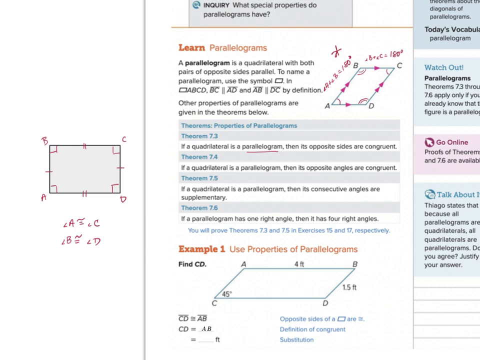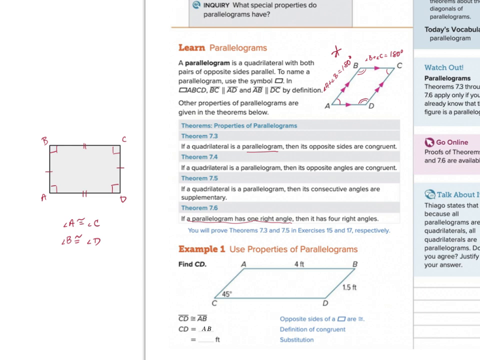If I look over here on this rectangle example, sure enough, 90 plus 90 is 180 degrees, or consecutive, B plus C is 180 degrees. That's a known characteristic. And then if a parallelogram has one right angle, then it has four right angles.